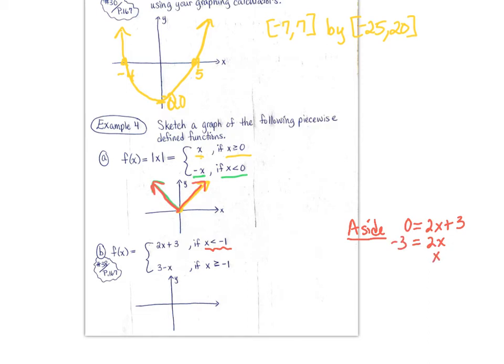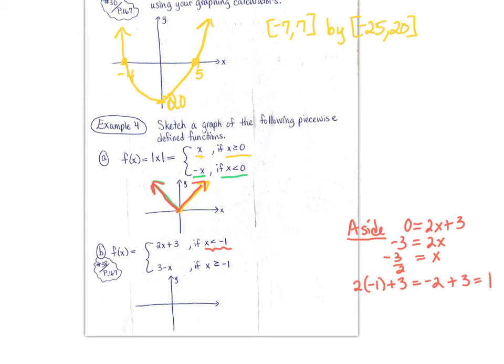And now we divide both sides by 2, so you get x is negative 3 halves. Now, if we substitute in negative 1 here, then that would give us 2 times negative 1 plus 3 is negative 2 plus 3, or 1. But because this is strictly less than, we have an open circle at 1.